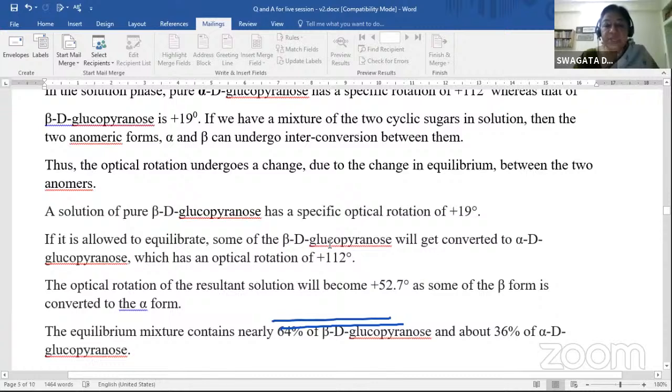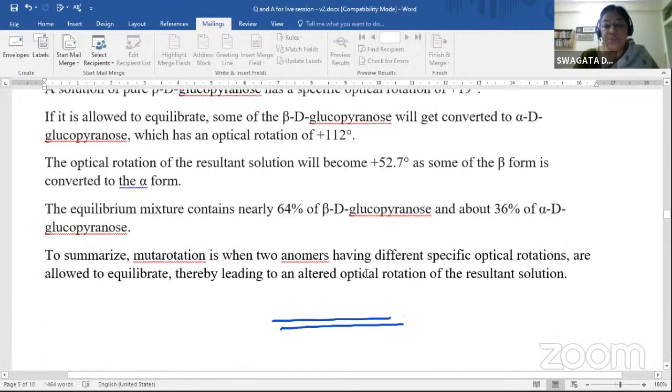This equilibration leads us to an intermediate value of the specific rotation, as some of the alpha form will be converted to the beta form, and this equilibration gives us what is called the mutarotation property.